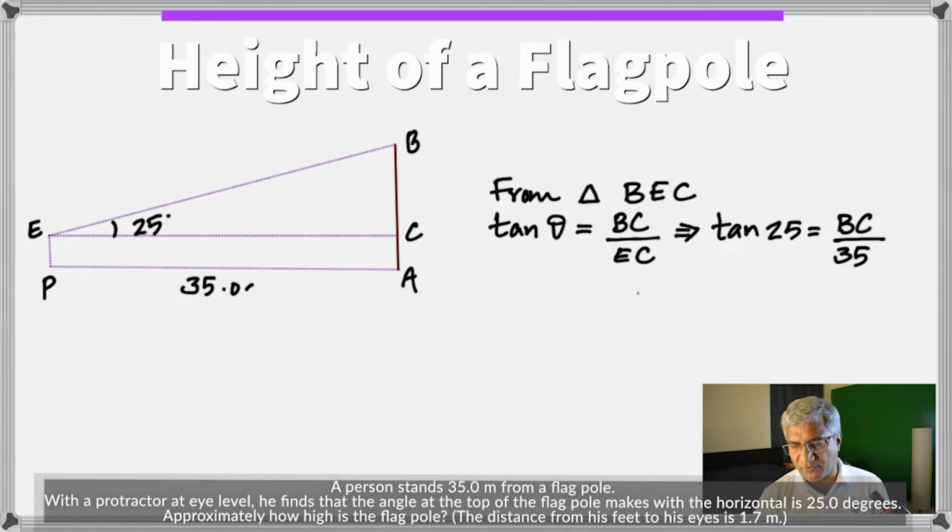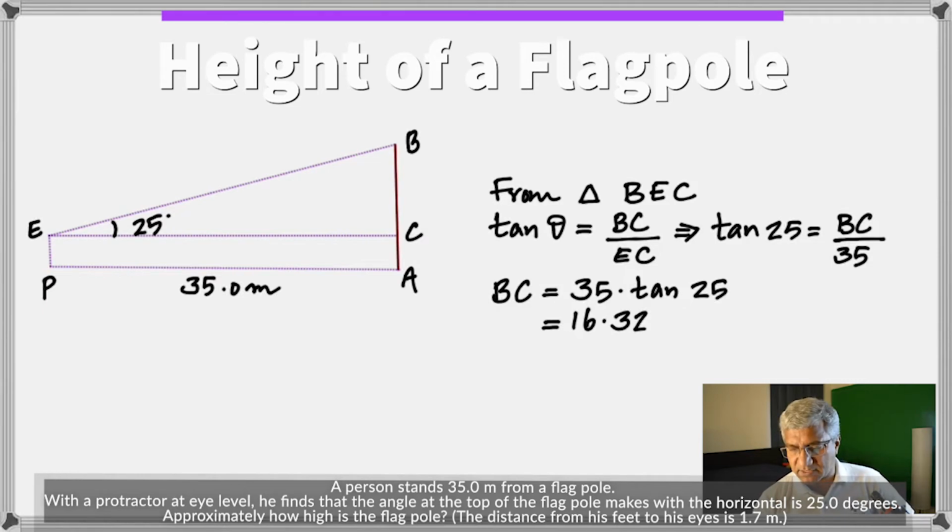That's given as 35. So when you rearrange that or do the math, you get BC is equal to 35 times tan 25. And when we put that into the calculator, we get 16.32 meter. So that is BC.